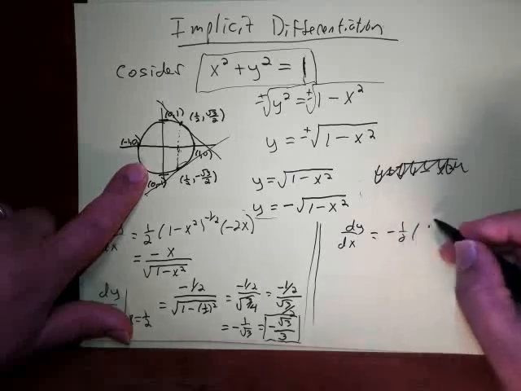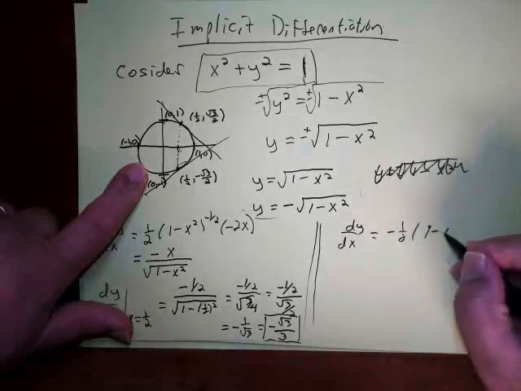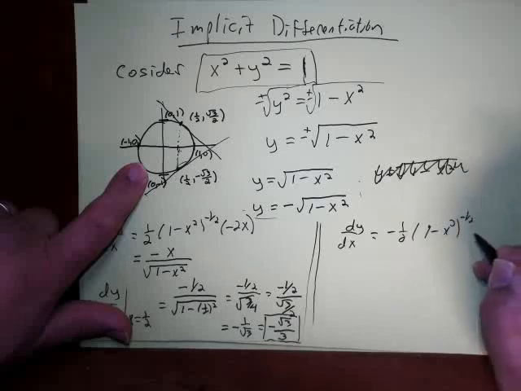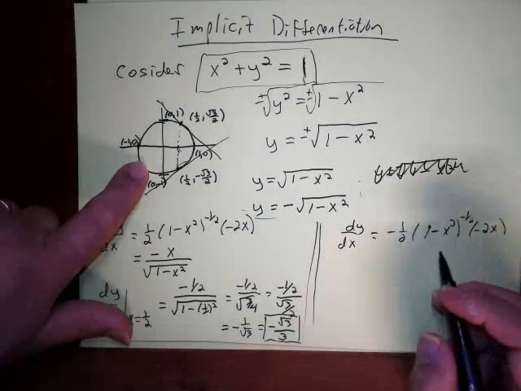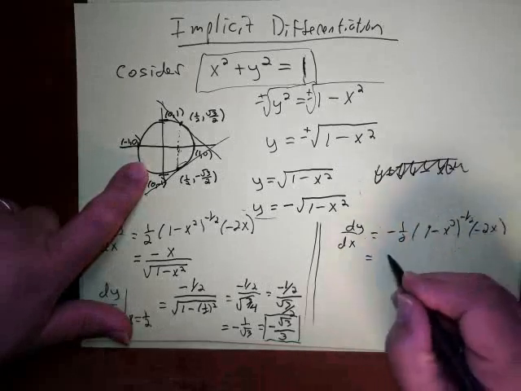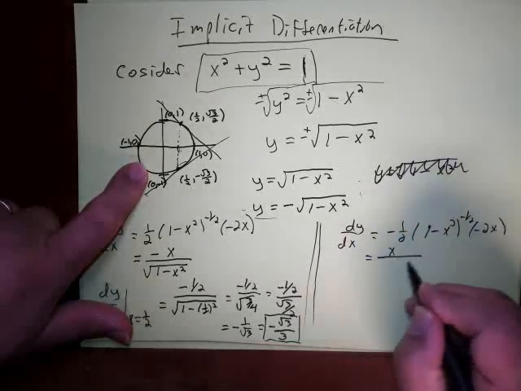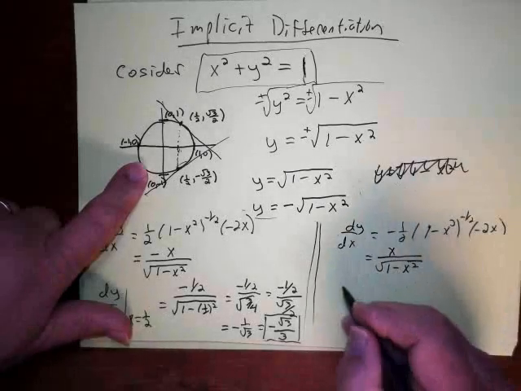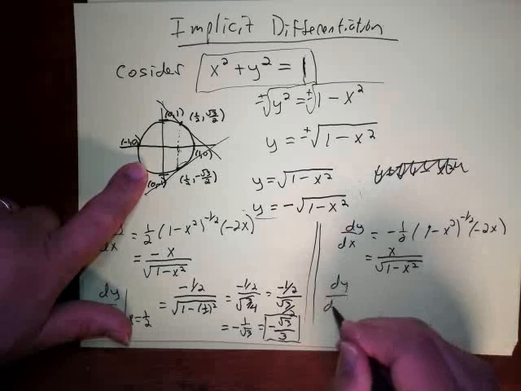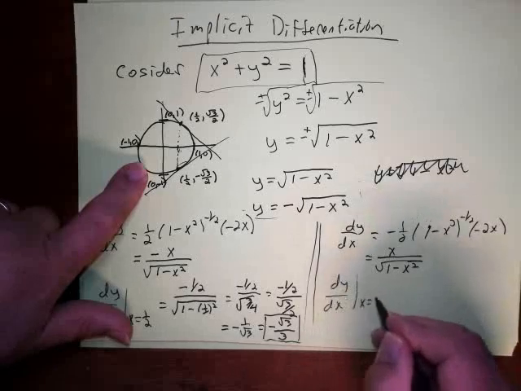Then I'd have 1 minus x squared to the negative 1/2. And this would be minus 2x. And now the negatives cancel out, the 2's cancel out, and I'm just going to get x over the square root of 1 minus x squared. And now I would get dy dx for x equals 1/2.